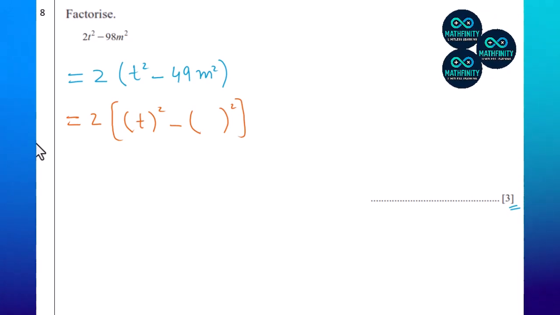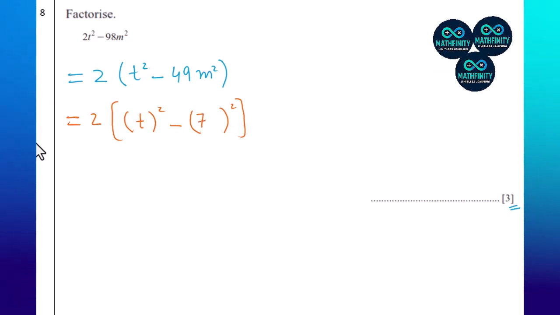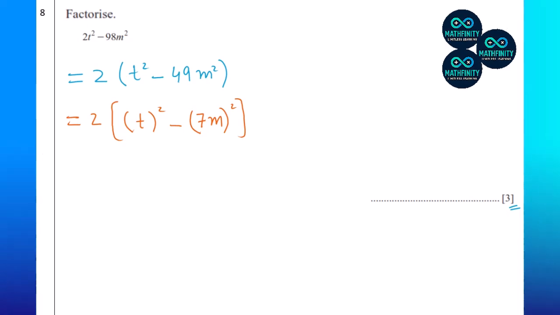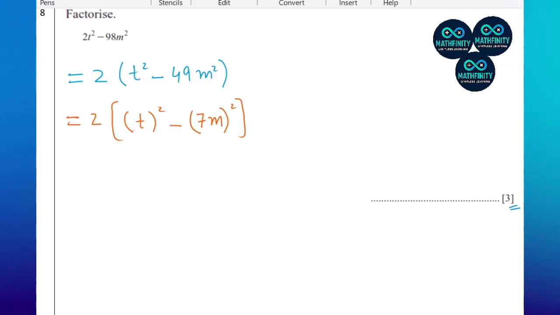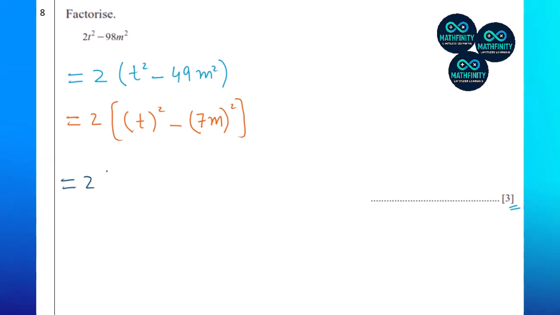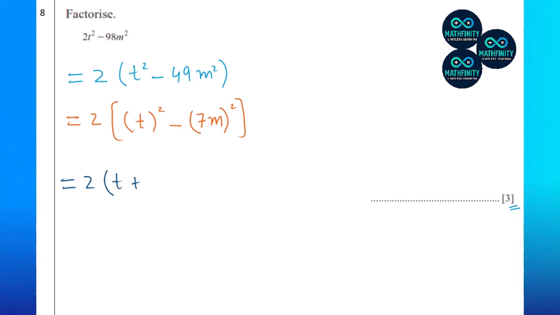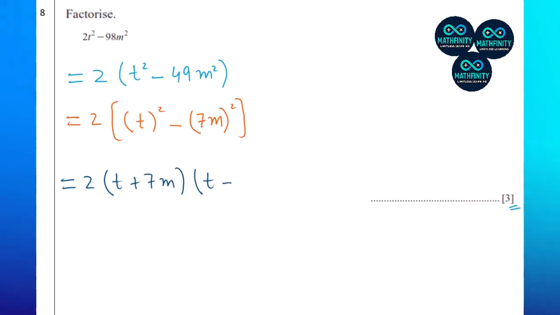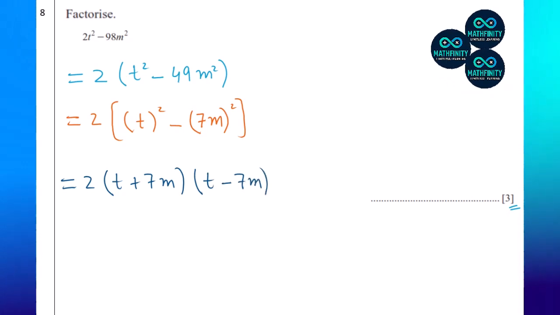So 7 times 7 is 49, 7m. This one we can write one time positive, one time negative. So we will write 2(t + 7m)(t − 7m).